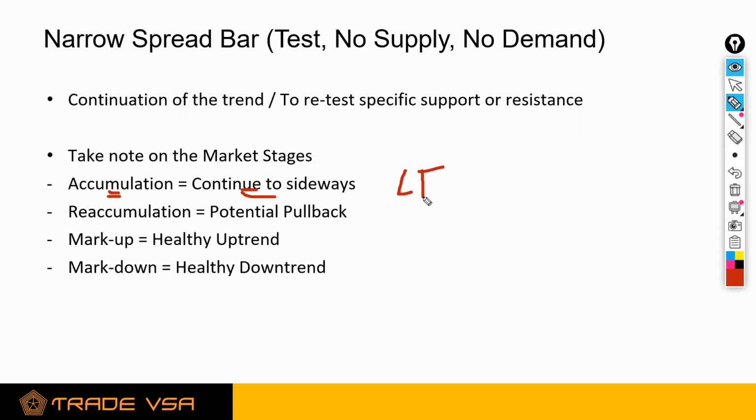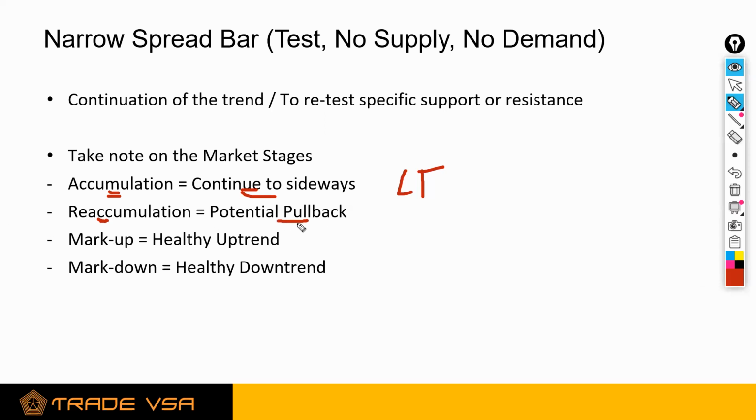Examples I can share with you: Uchitech is doing reaccumulation. Aeon, of course, has broken up already. GHL Systems, or maybe something like Tiongnam Logistics. Most of the time they are doing all this narrow spread bar low volume after some upswing. So reaccumulation can also happen.